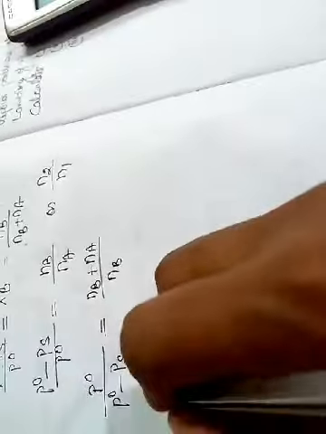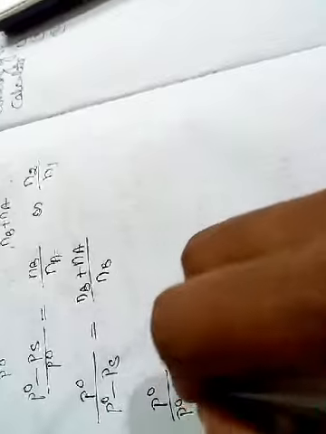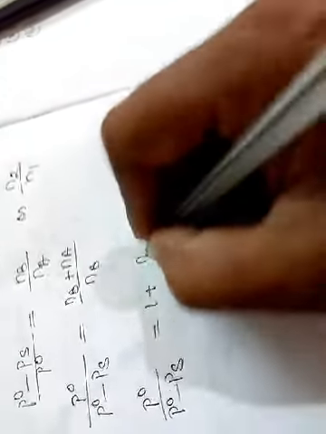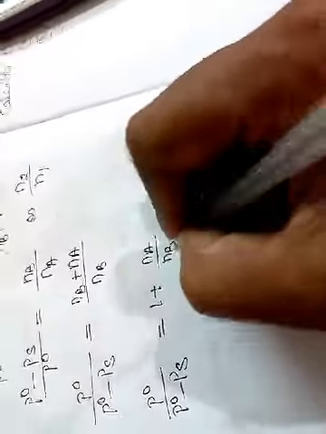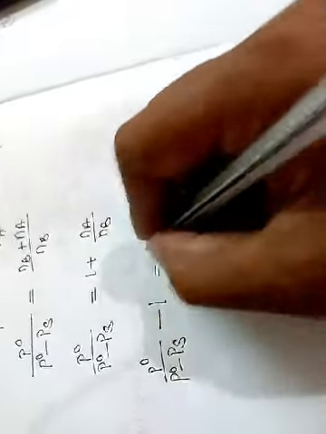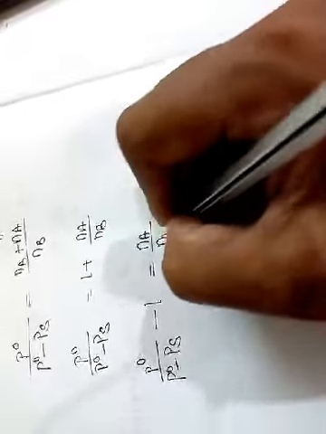So this is equal to P naught by (P naught minus Ps) is equal to 1 plus Na by Nb, or P naught by (P naught minus Ps) minus 1 is equal to Na by Nb.